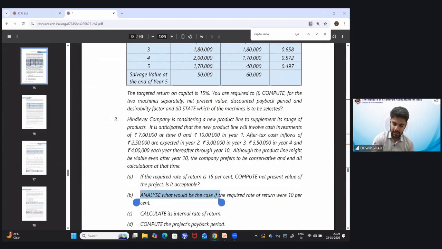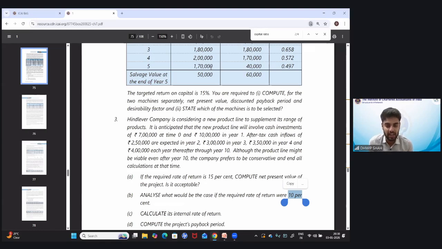Part B, analyze what would be the case if your desired rate is 10%. तो आप 10% पे NPV calculate करो. ठीक है. Then calculate IRR, and I am damn sure that IRR would lie between 15% and 10%. देख लेना. That is how the question is framed.